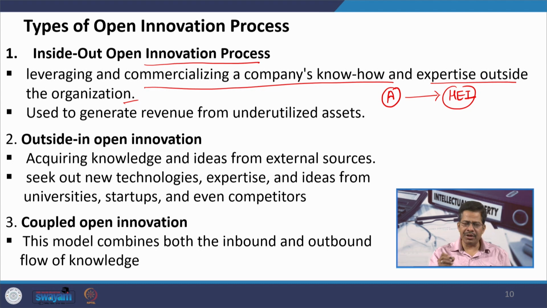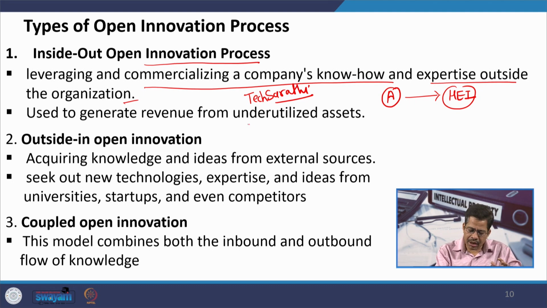At IIT Roorkee, we started one scheme known as Tech Sarthi, and under this scheme we started the provision of creating an ecosystem so that the knowledge which IIT Roorkee professors and researchers have can be used by SMEs around us.